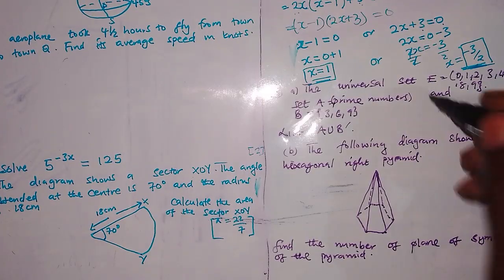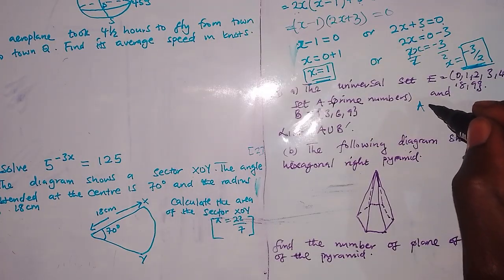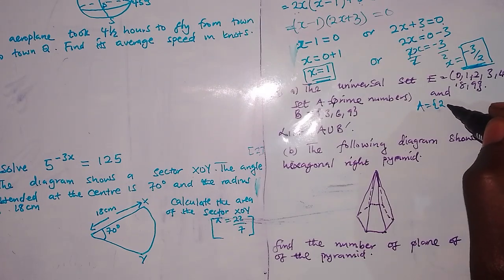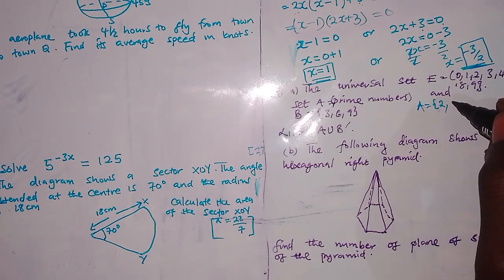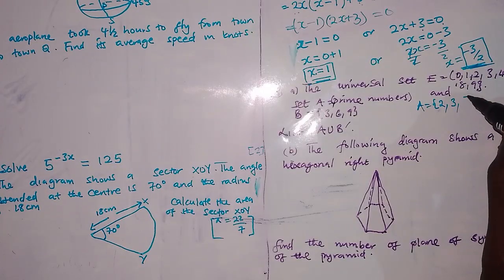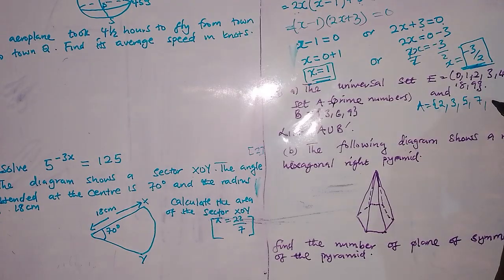So we have set A, which has 2, 3, 5, 7, and that's all. So these are the prime numbers. So why did we end at 7?